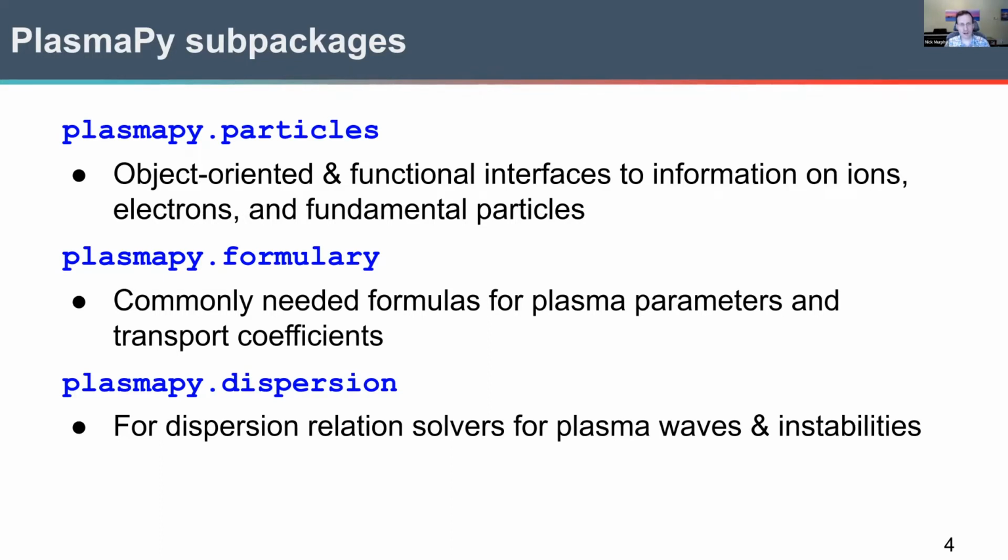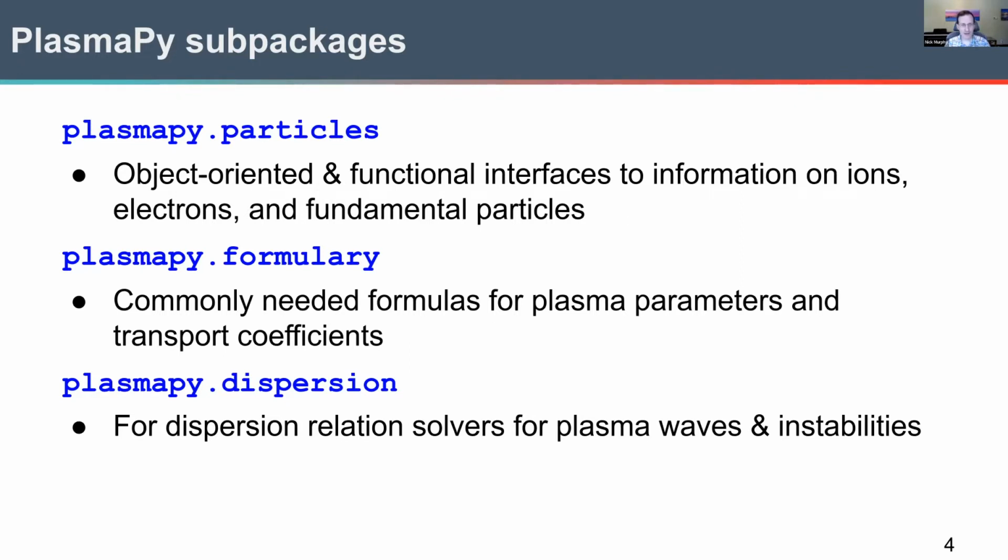The next one, which we'll also cover in this demo, is plasmapy.formulary, which is based largely off of the NRL plasma formulary. And it includes things like calculating gyroradii, other things which I can't remember at the moment, inertial lengths, Alfvén speed, and then a bunch of Braginskii transport coefficients.